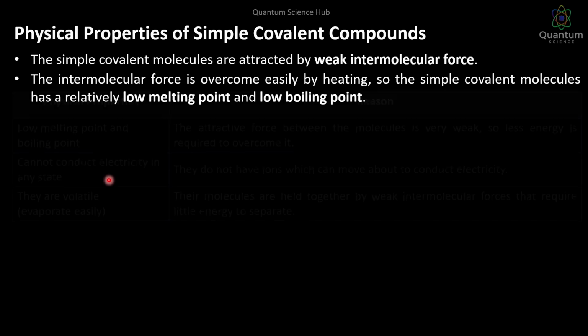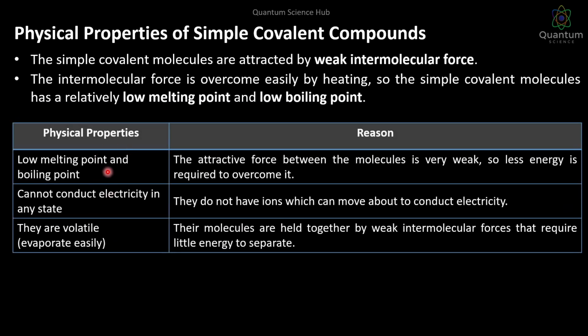I already summarized the physical properties of simple covalent compounds in this table. The first physical property is that simple covalent compounds have low melting and boiling points. Why? This is because the attractive force between the molecules is very weak, so less energy is required to overcome it.